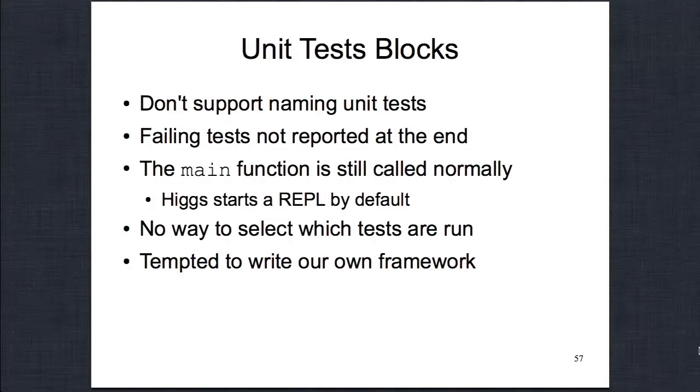If I start Higgs with unit tests, I don't want it to go into a read eval print loop. So I had to use some little tricks to get it basically not to do its default behavior when doing unit testing. I also kind of wish there was a way to select which tests are going to be run more precisely. I was kind of tempted to write my own unit test framework, but I decided against it because I didn't really have the time.